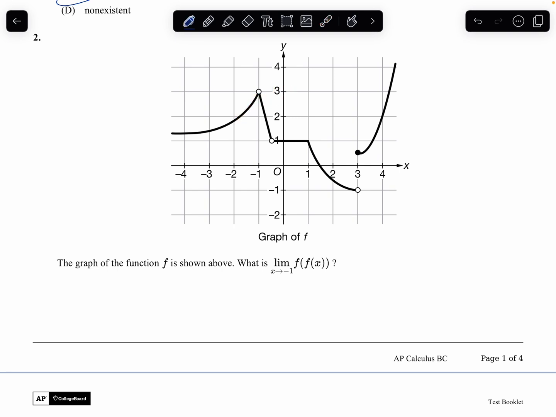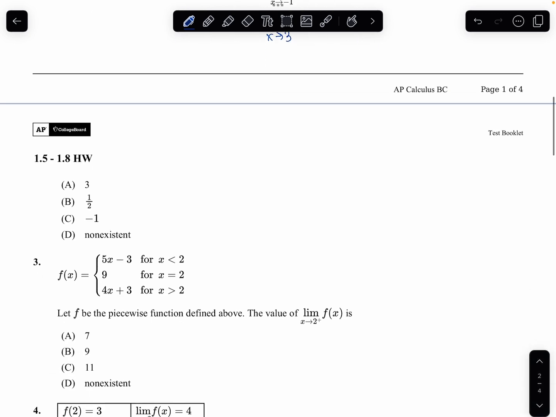Okay, and so I'm going to evaluate the limit as x approaches 3 from the left of f of x. And so going here, the limit as x approaches 3 from the left side is -1. So that's going to be -1. So that's going to be C.